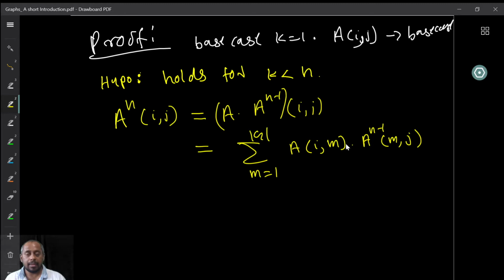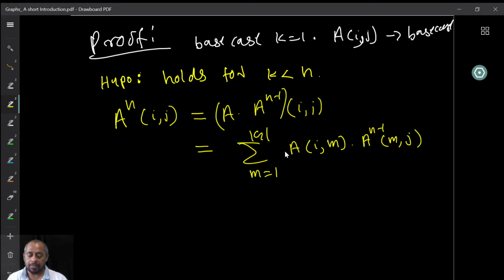Now this is for any vertex m, so I can do it for every such vertex. I look at all the vertices and go from i to that vertex. If there is an edge from i to that vertex, that entry will be exactly 1. Then you look at the walks of length n minus 1 from that vertex Vm to Vj, and whatever that number is will be counted towards the total sum.